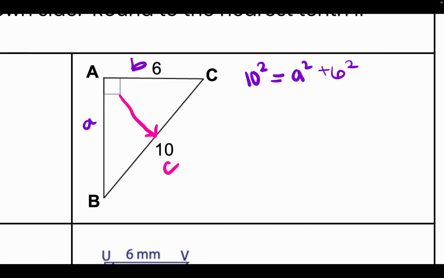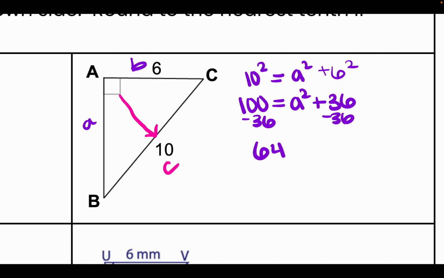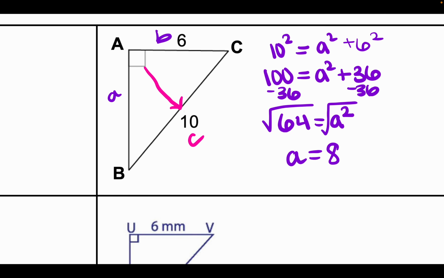So 10 squared is 100. a squared plus 36, minus 36 from both sides. So 64 is equal to a squared. Take the square root on both sides to undo that squared. So we know that a is equal to 8. Again, this gives us a nice whole number. Now we don't need to round. So that means that this side over here is 8.